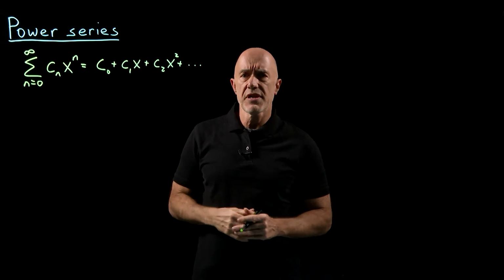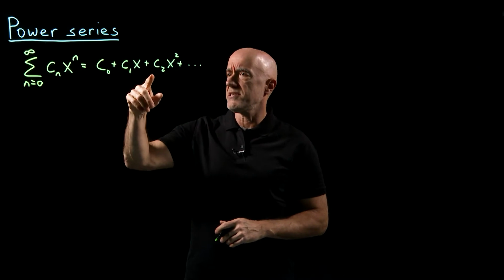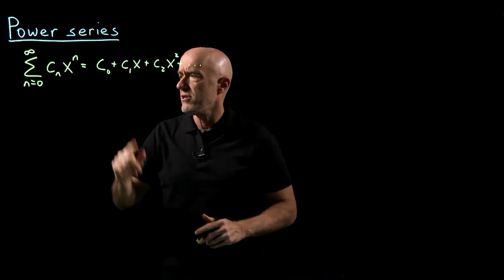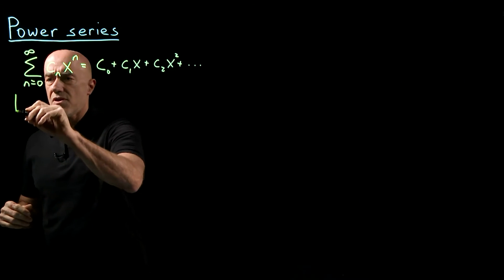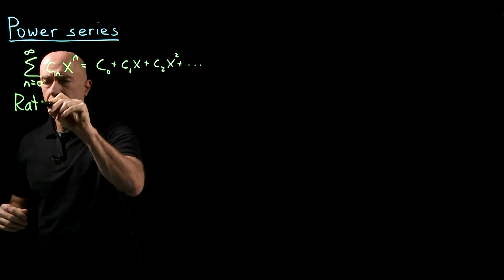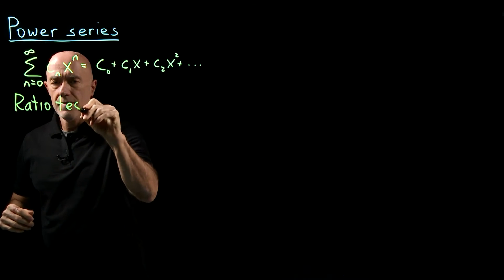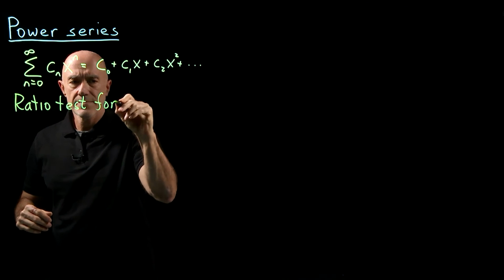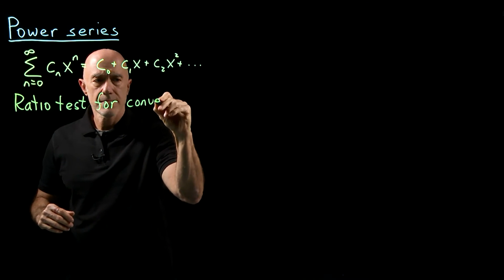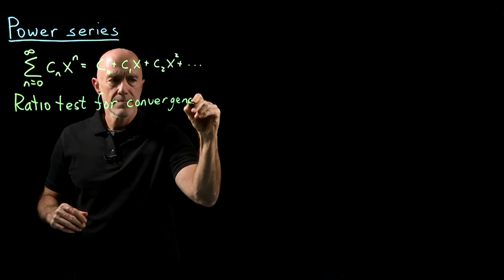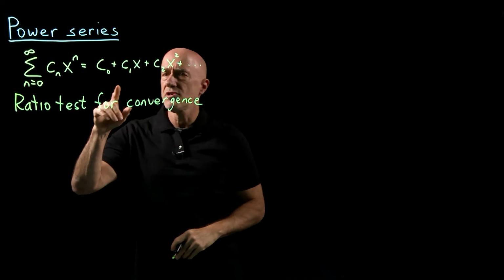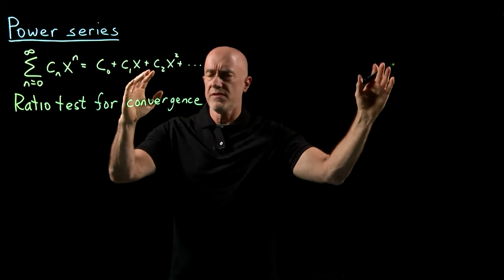The first question I want to answer is, when does this power series converge? We can make use of the ratio test for convergence. So this converges if we look at the series far away.